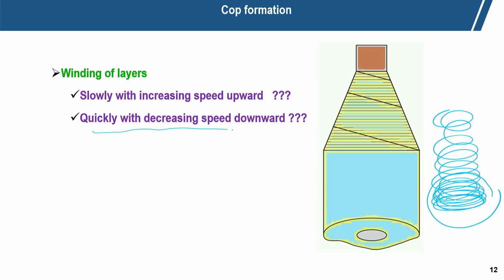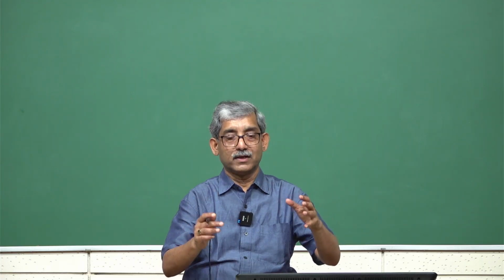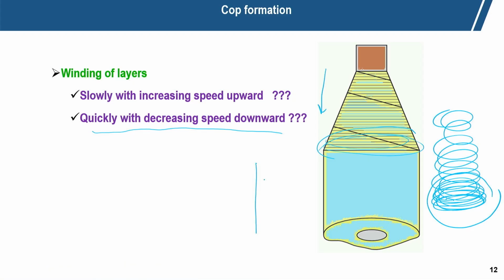Then quickly with decreasing speed downward, the downward motion is quick but decreasing, which means at the base again we have a larger quantity of material. So, both winding layer and cross layer ensure that from the beginning there will be a taper formation, and these individual tapers are overlapped. That I will discuss.